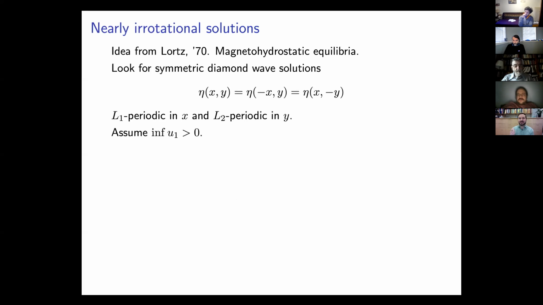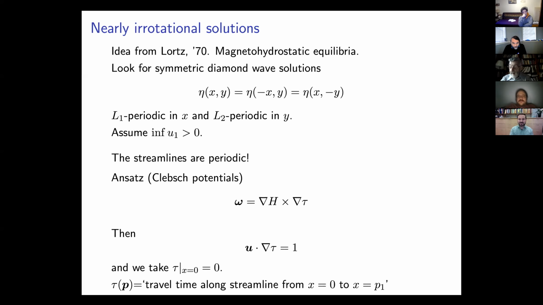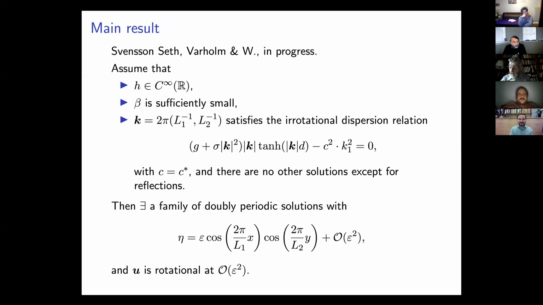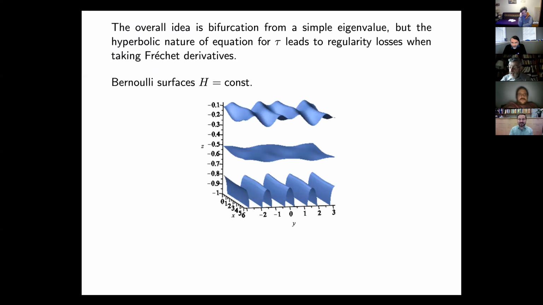Whenever you take Fréchet derivatives, you lose some regularity, and this is something you have to deal with. Fortunately, if you have surface tension, this is sort of enough to regain some regularity so that you can handle the problem.